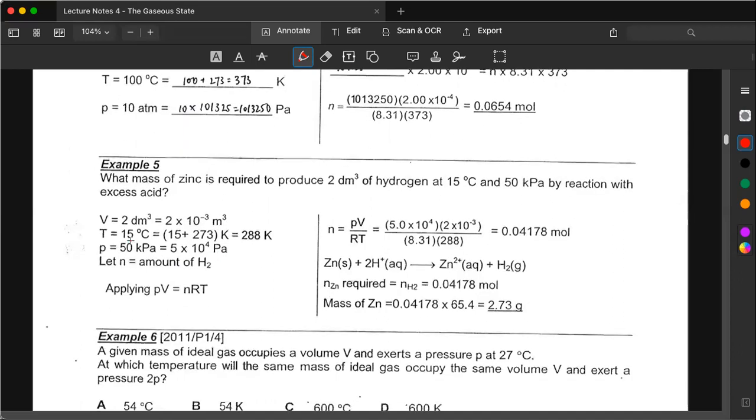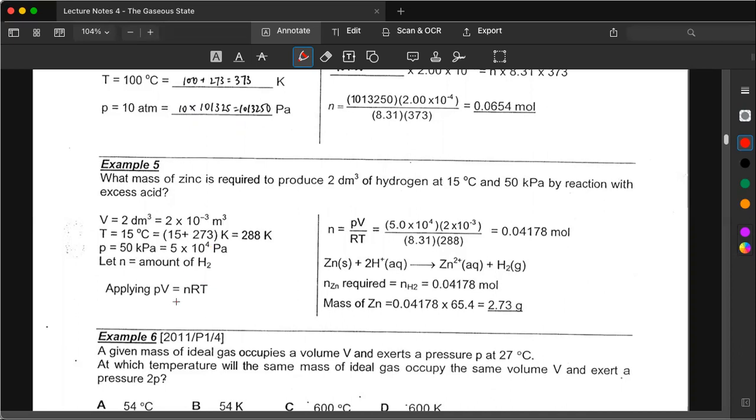The 15 degrees Celsius will be converted to Kelvin. For pressure, they have given you kilopascal and not Pascal, so 50 kilopascal multiplied by 10 to the power of 3 gives 5 times 10 to the power of 4. So we times 1000 to obtain this. And n is the number of moles of hydrogen.